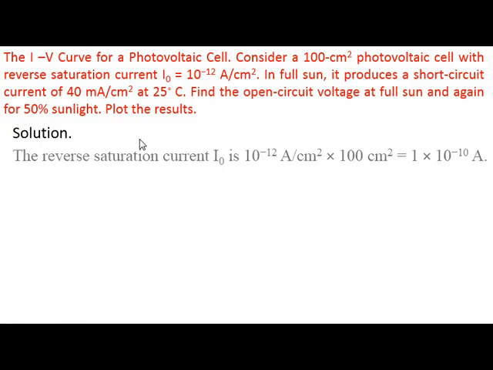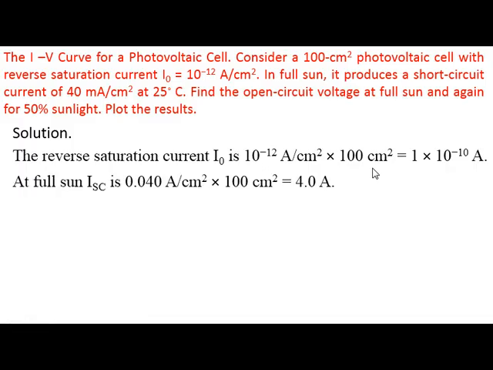First, we rewrite the reverse saturation current, which is given per centimeter square. Our panel size is 100 centimeter square, so the reverse saturation current is 1 into 10 power minus 10 amps. Our short circuit current is 0.04 amps per centimeter square, so for the 100 centimeter square panel it is 4 amps.